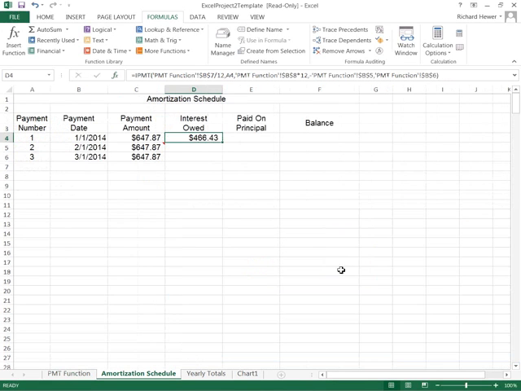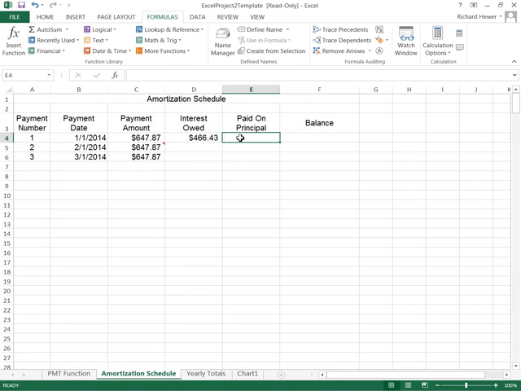Click OK. Now, how much did we then pay on principal? Well, we had equal the loan amount that we paid minus the amount that went to interest. So we only paid this much on principal. So how much do we owe after we made the payment?